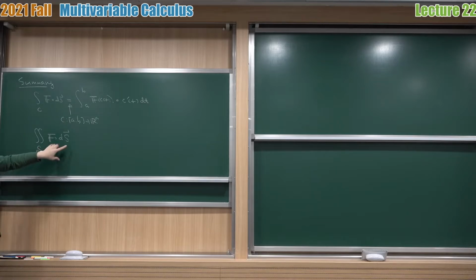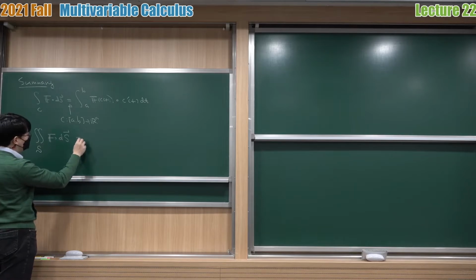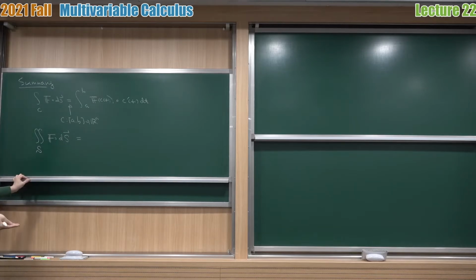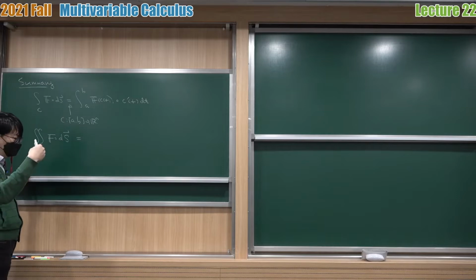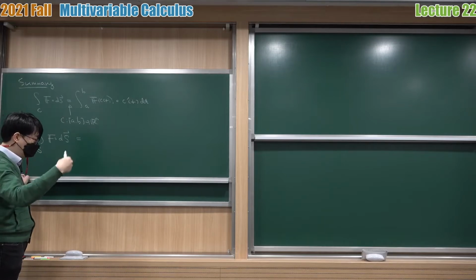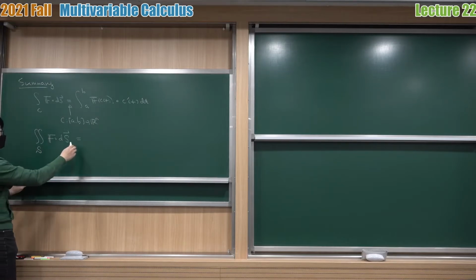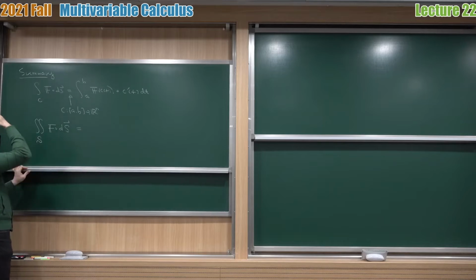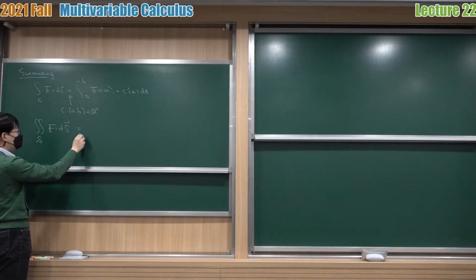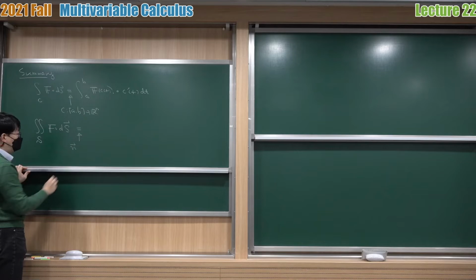So basically, we measure how much of the vector field is passing out across this surface in a normal direction. So we need an orientation of a surface, which means that we need to know in which direction we want to compute our flux. And once we know that direction, we're going to call that n.